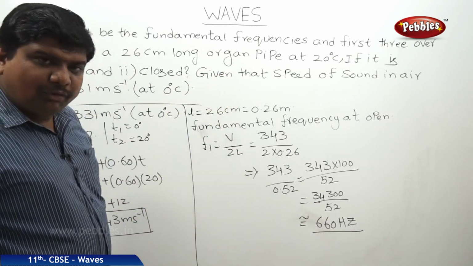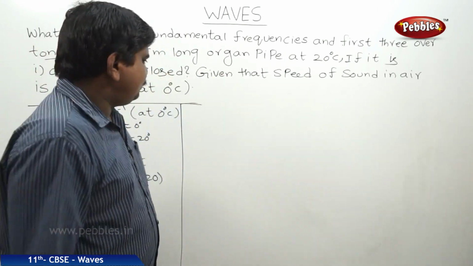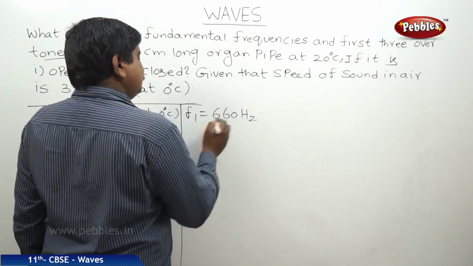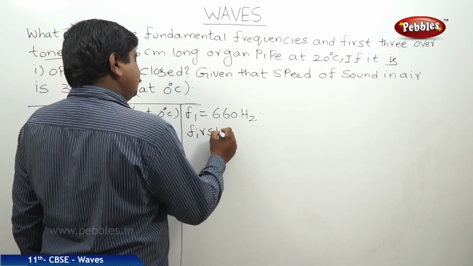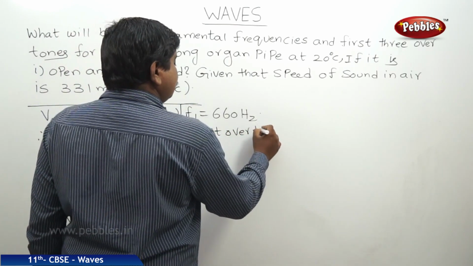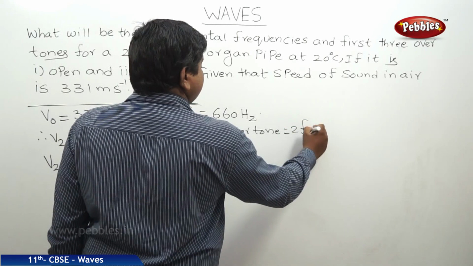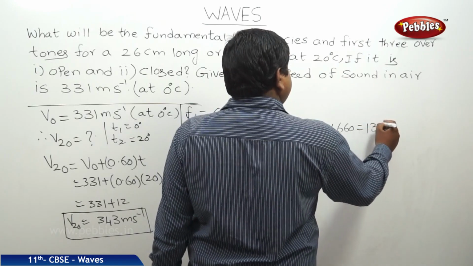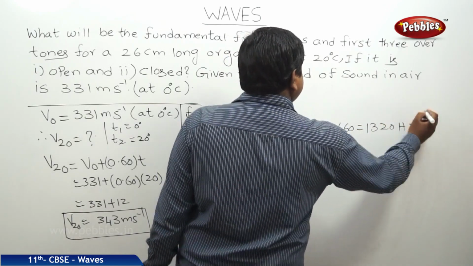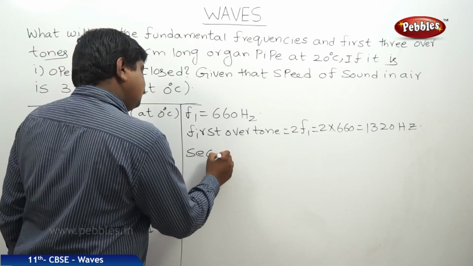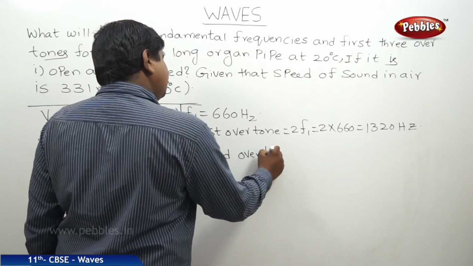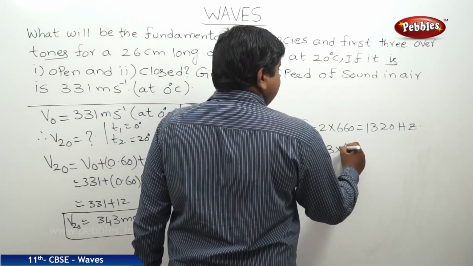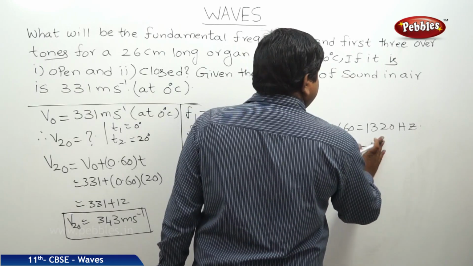So, what about the first three overtones? The fundamental frequency at the open end we got is 660 Hz. First overtone, 2F1, that is equal to 2 into 660, nothing but 1320 Hz. Second overtone, 3F1, nothing but 3 into 660, 1980 Hz.